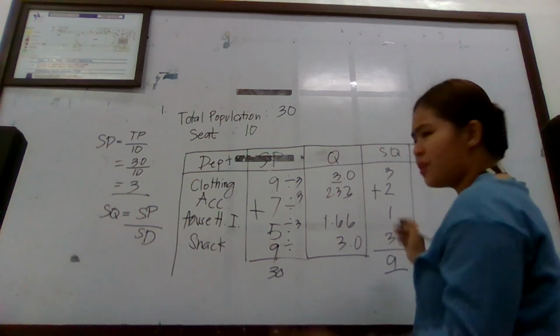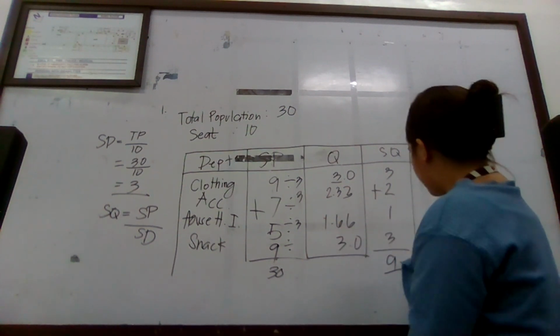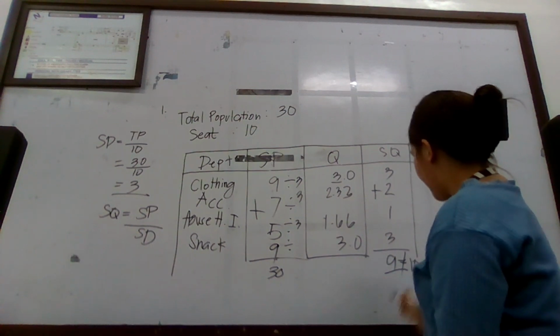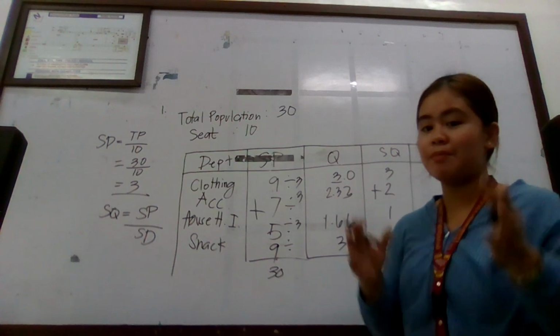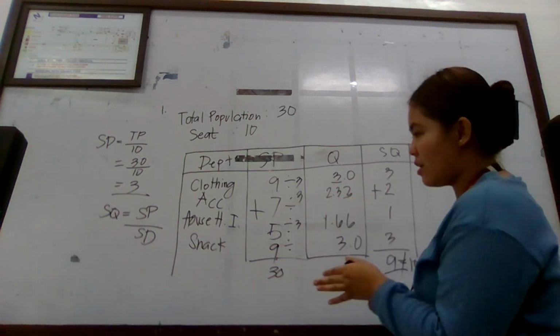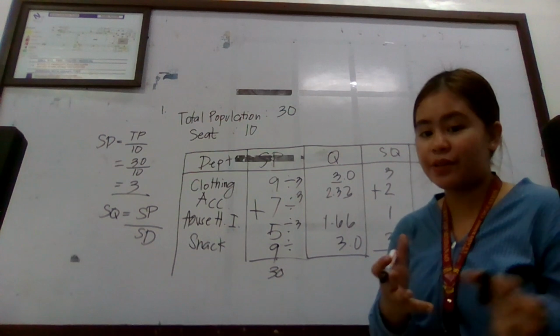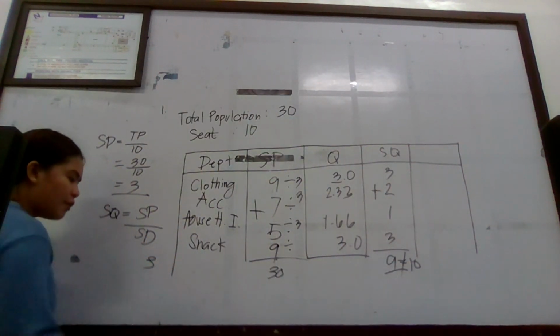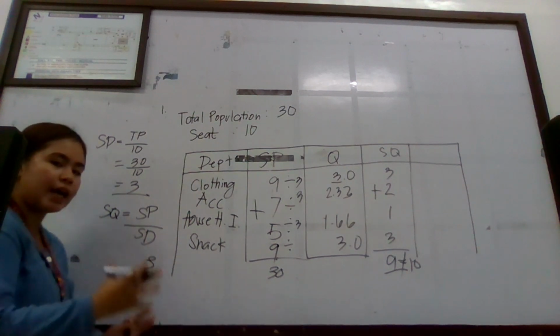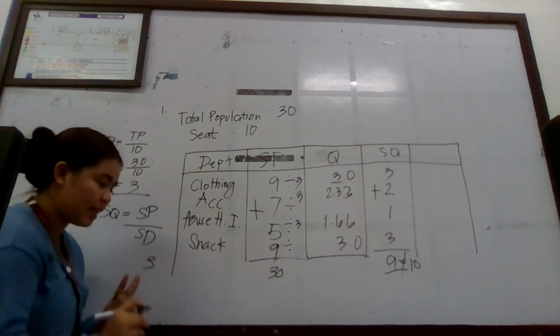So, as you can observe, 9 is not equal to 10. So, in doing Jefferson's plan, let us adjust our standard divisor, which is 3. Maghanap lang tayo ng value na less than 3.